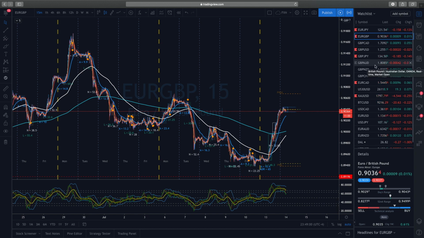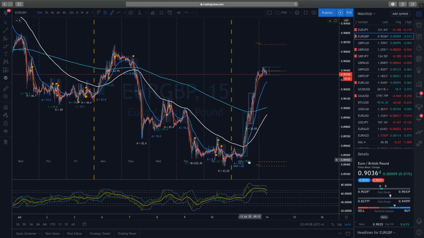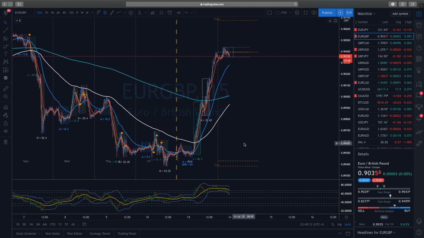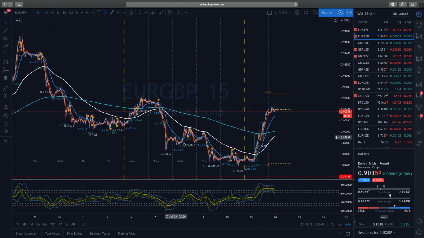The two pairs that we're going to talk about are Euro Pound and Pound USD. First of all, on Euro Pound, you can see Sunday, Monday made a huge move, right? A huge move up, pretty much cleared all this other structure here.